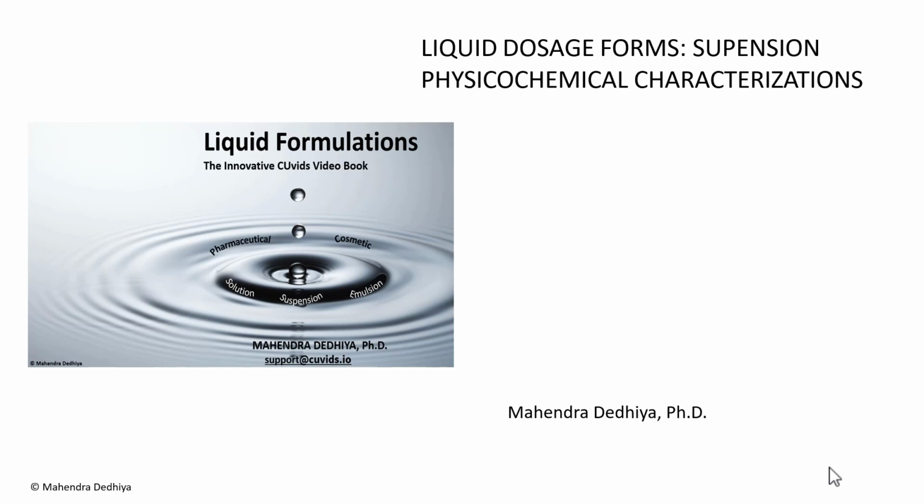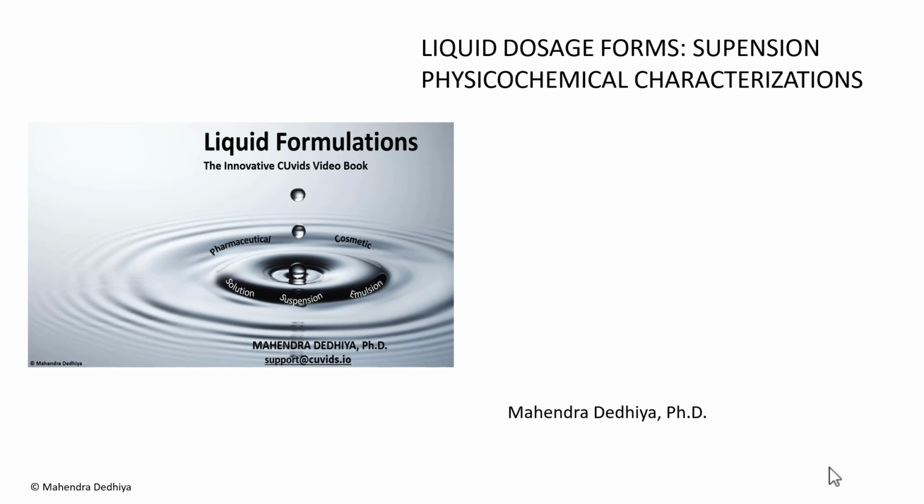As presented in the first module, the suspension formulation consists of a biphasic system. Solid particles are dispersed throughout the liquid phase, in which the solid particles are not soluble. The liquid phase is a single phase in which solids are suspended.